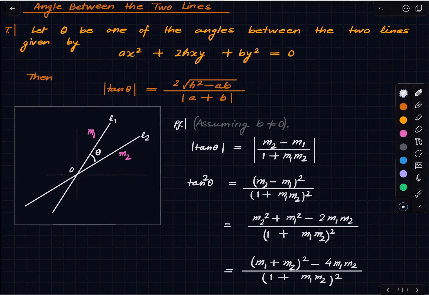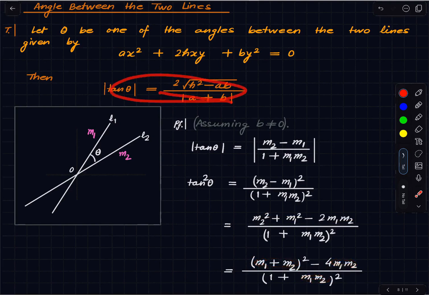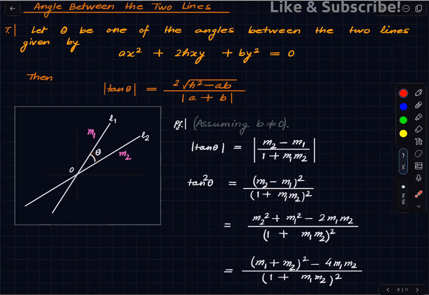So all we are doing is just using some basic algebra. This thing is equal to that thing. And now we can use the formula for the sum of the slopes and the product of the slopes and get the desired expression. Just paste them in here. Okay. So that's a very nice thing. We can find the angle between the two lines, or the tangent of the angle between the two lines. It's the same thing. And lastly, let's look at a very nice example to finish this lecture off.